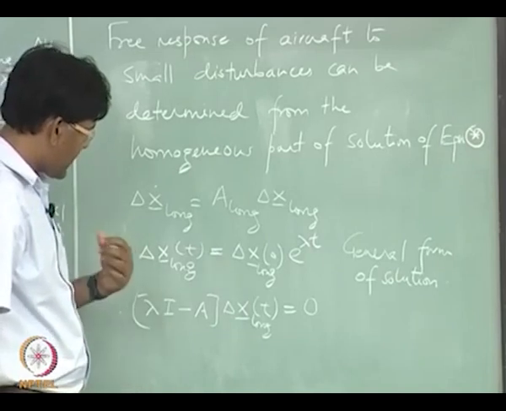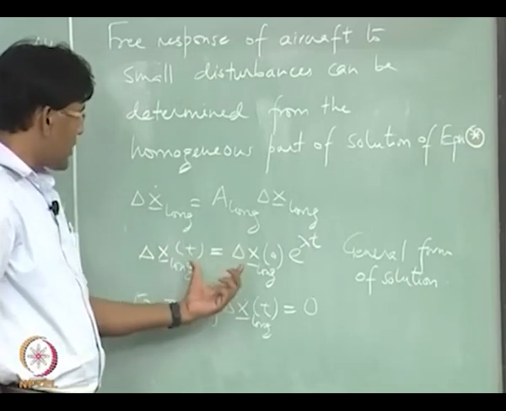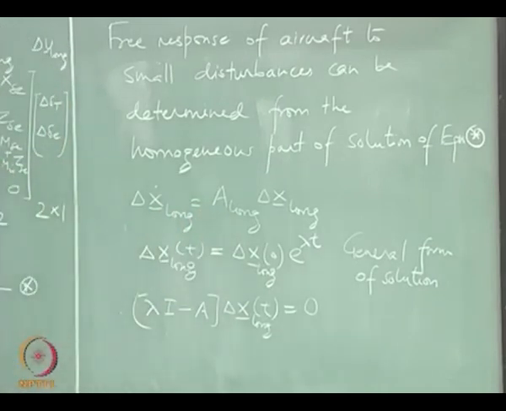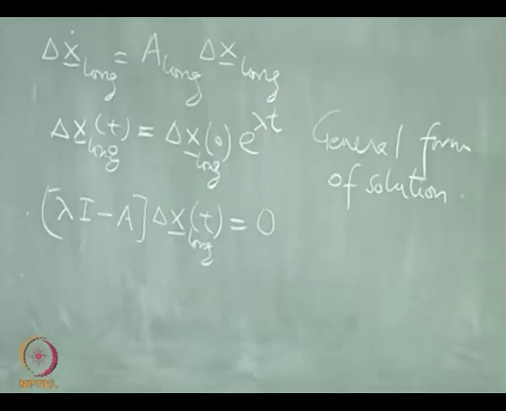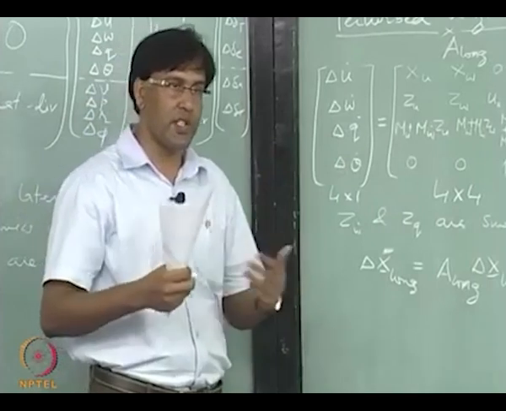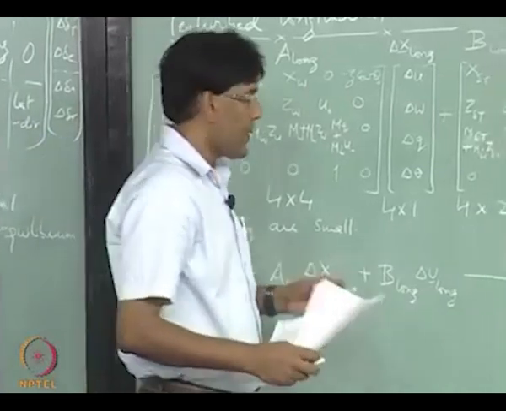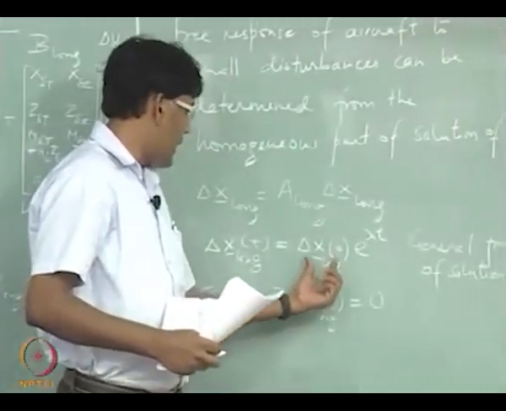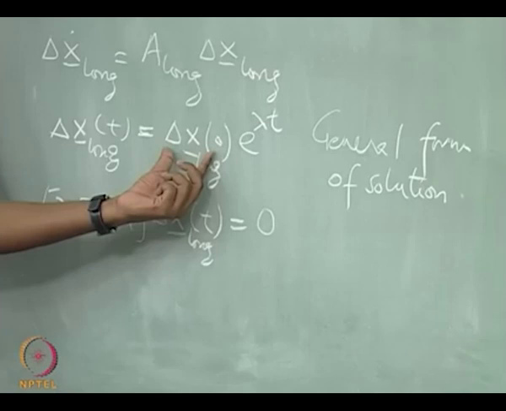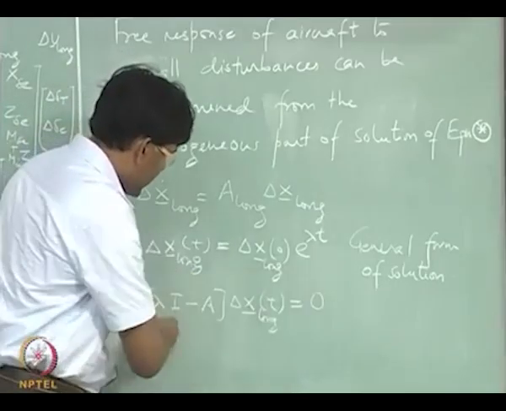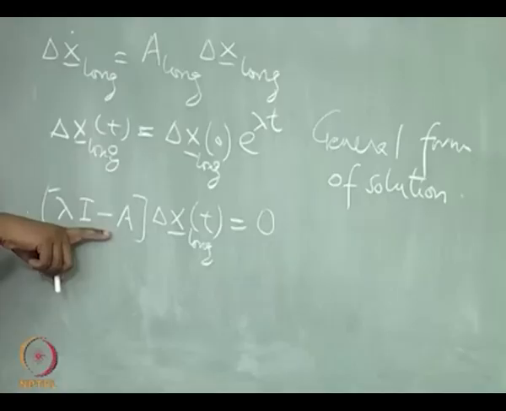So what we are looking at is the solution of this equation starting from an initial condition which is not 0, right. If the initial condition is 0, what it means is there are no perturbations, there is a trivial solution, right. If there are perturbations and the initial conditions are not all 0, then this vector is non-zero, and then this equation is satisfied only when this part is 0, right.